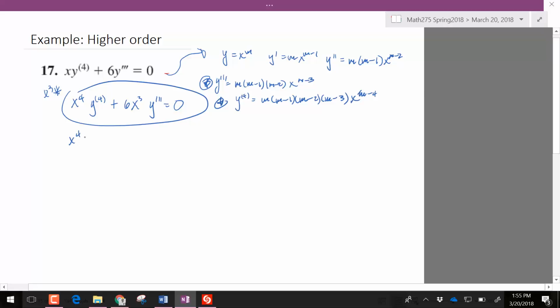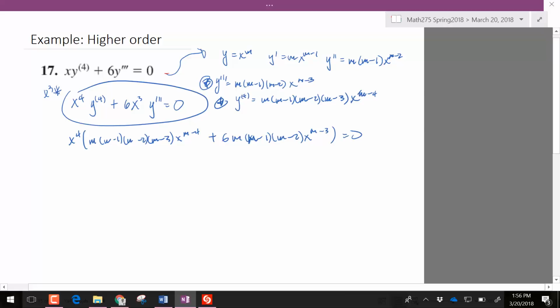All right, so we need the third and fourth derivatives put in here. We got x to the fourth, and then we have this big mess, m times m minus 1, m minus 2, m minus 3, x to the m minus 4, plus 6 times m times m minus 1, m minus 2, x to the m minus 3.